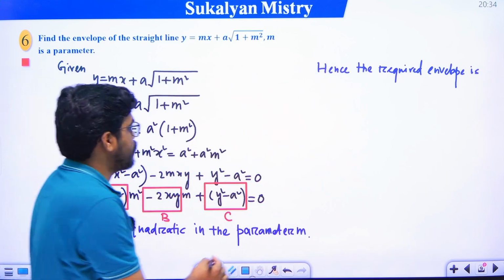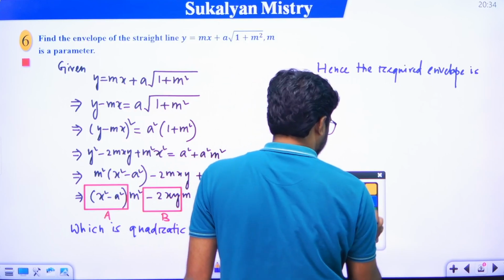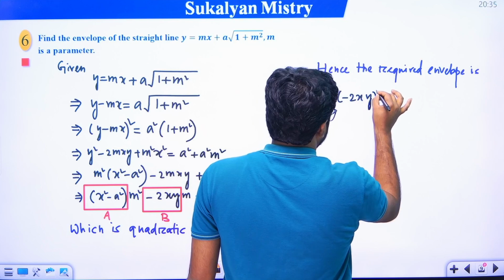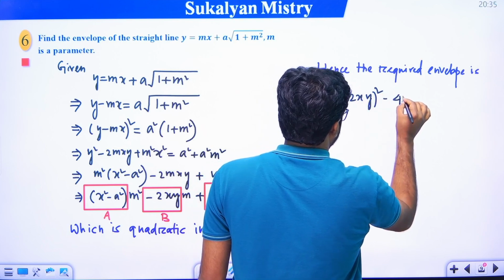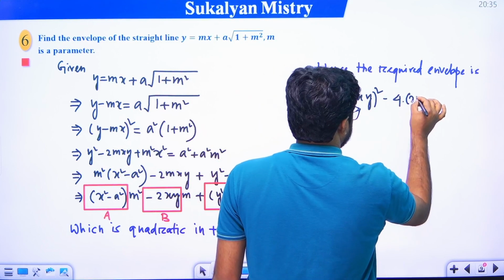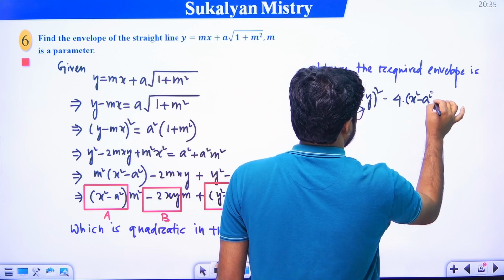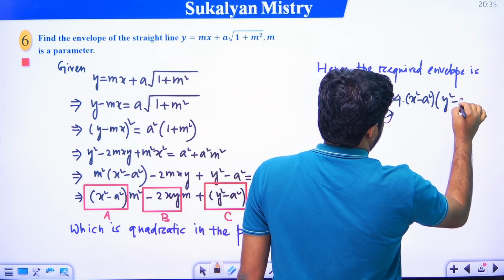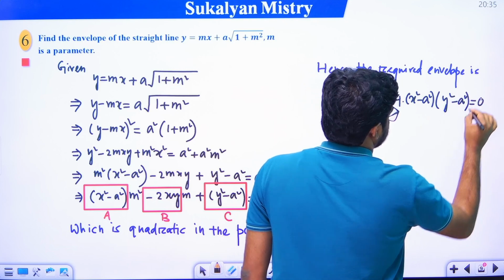So this is b, that is minus 2xy, b square minus 4ac, a is x square minus a square, and c is y square minus a square is equal to 0.